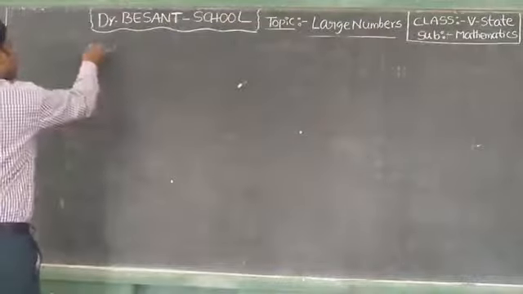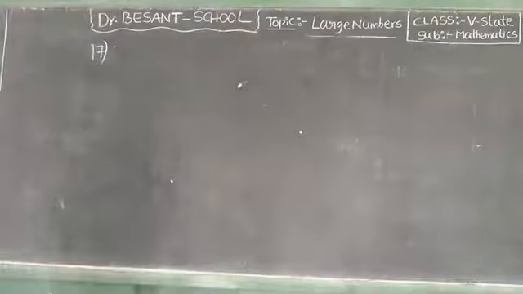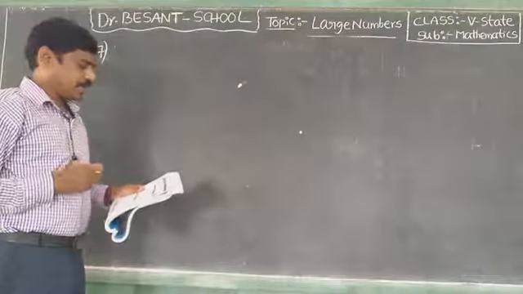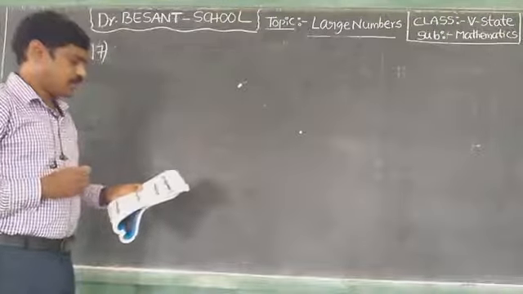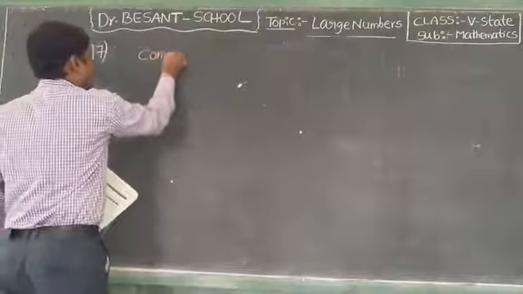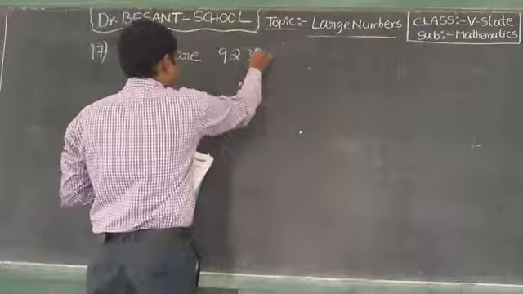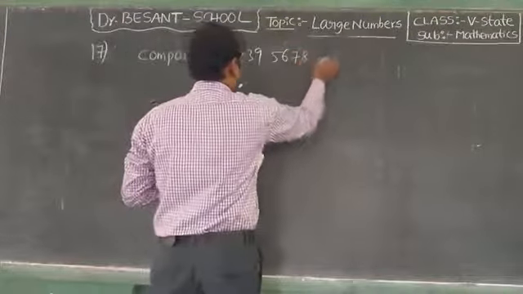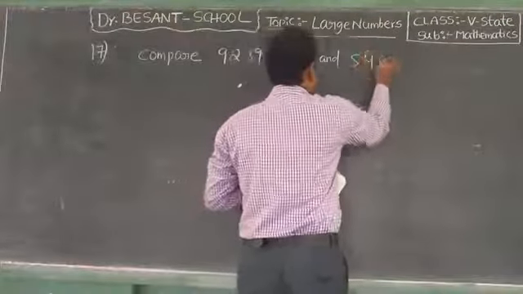Next, the 17th one. Compare these two numerals. Okay, seen now. Compare 9239 5678 and 5487 324.